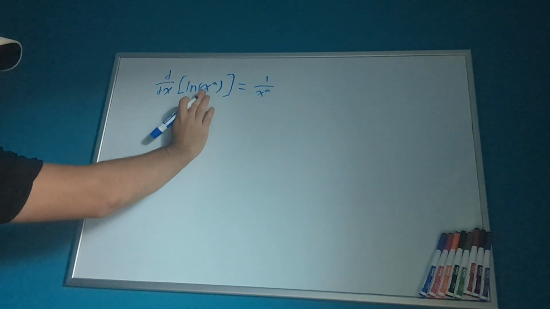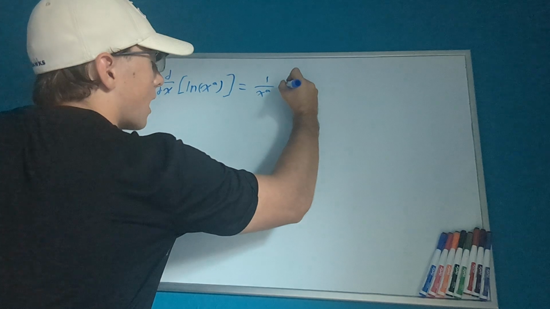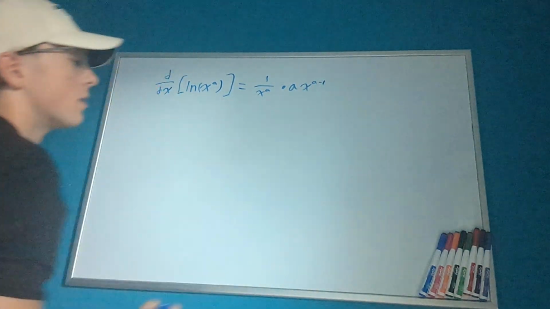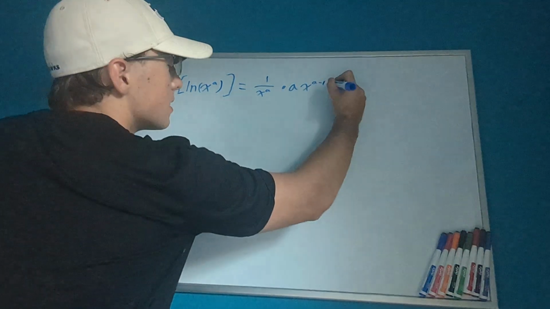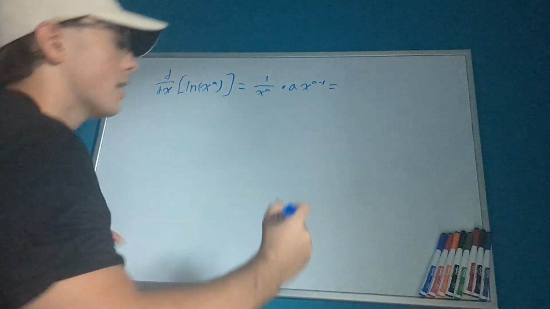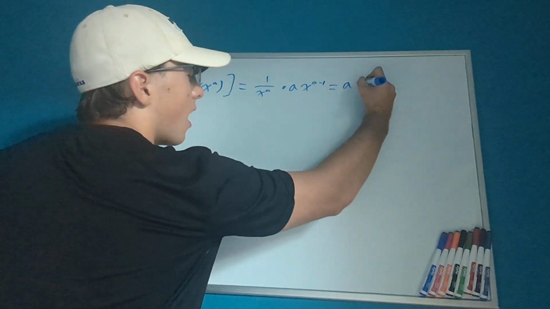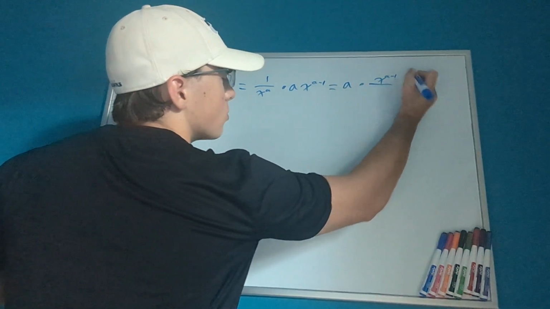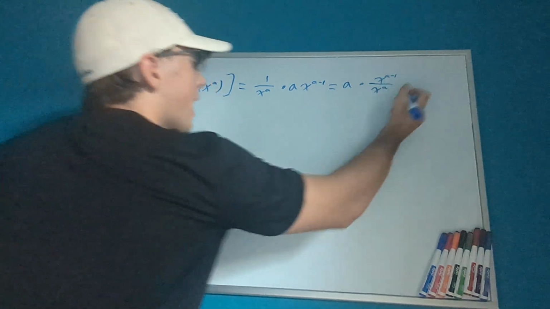For this, we're going to use the calculus power rule, so we get times a times x to the a minus 1. Now we can rearrange this to make it more obvious. This equals a times x to the a minus 1 over x to the a.